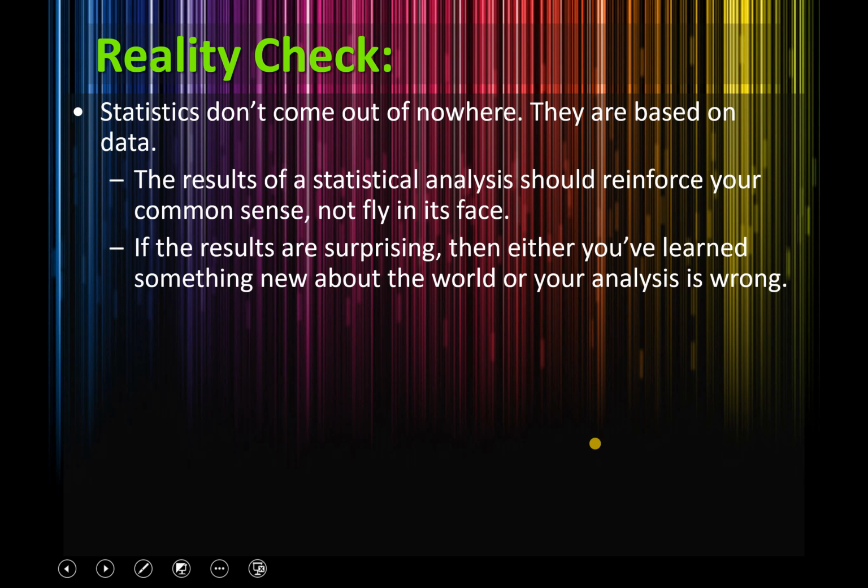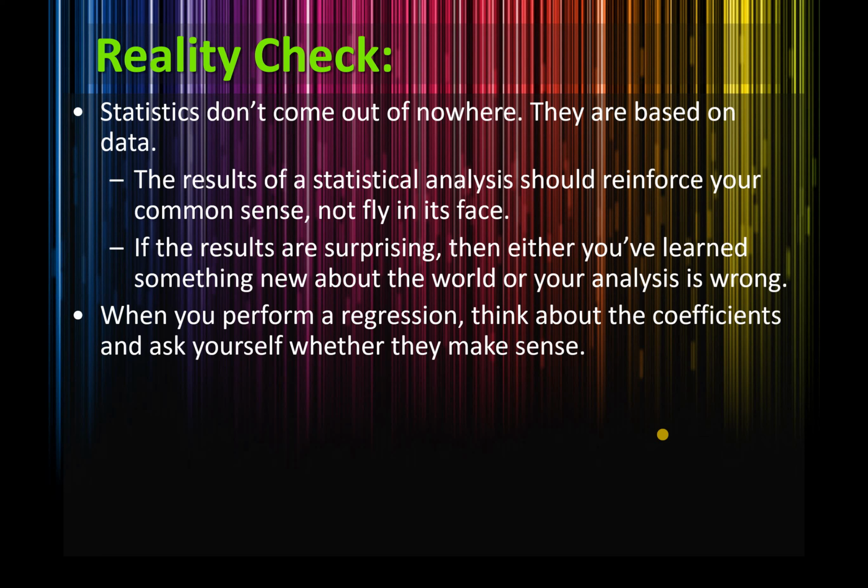You have to check your results to make sure they make sense. It's not supposed to be ridiculous. And if there is something that is weird, maybe you did discover something new and interesting, or maybe you made a mistake. So always go back to the context. Think about your coefficients, think about what they mean.